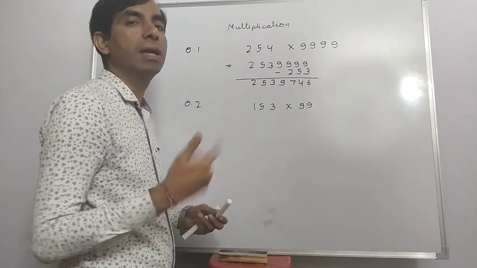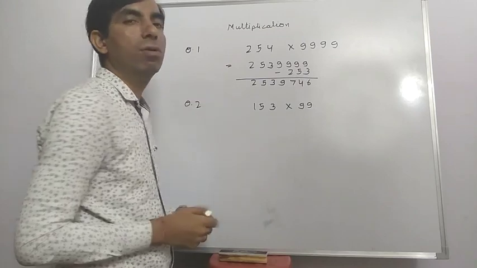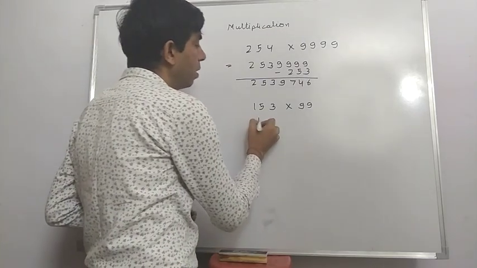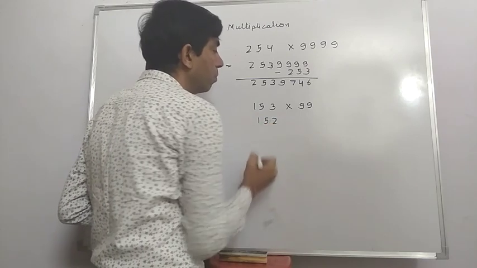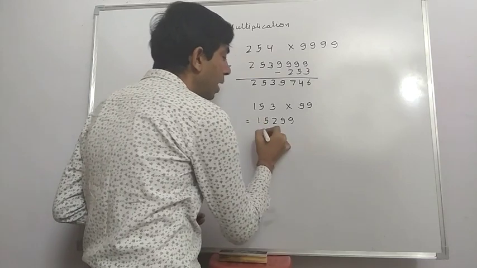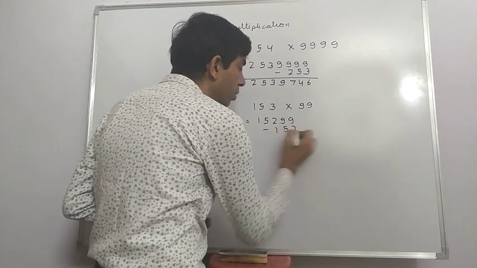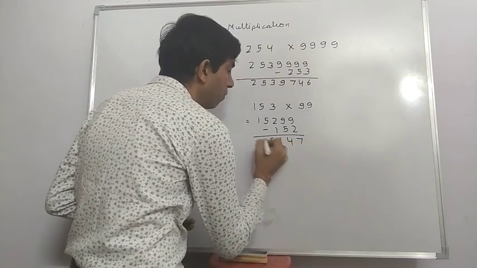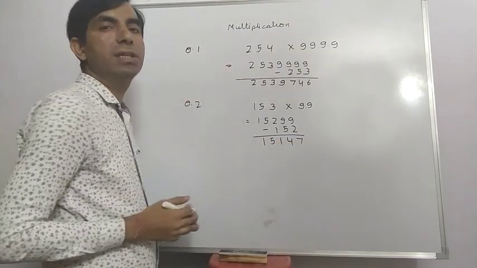If it is made by any other digit, then we cannot multiply by this method. So we write here 152, 99 minus 152, then the answer will be 15147.